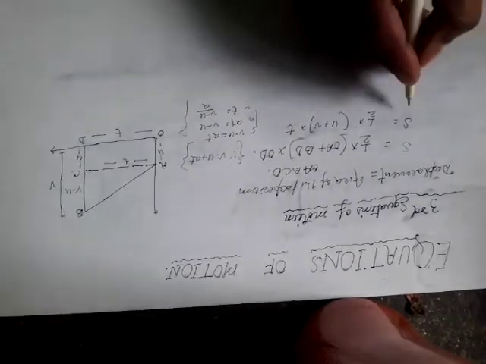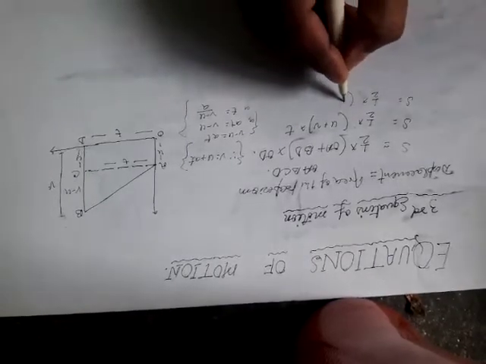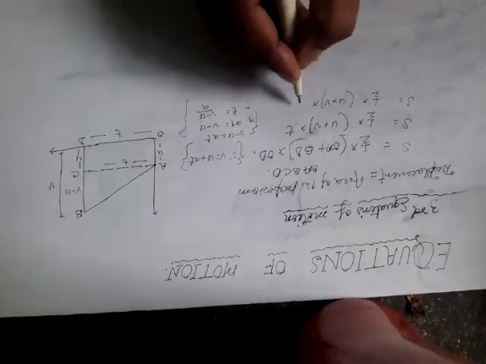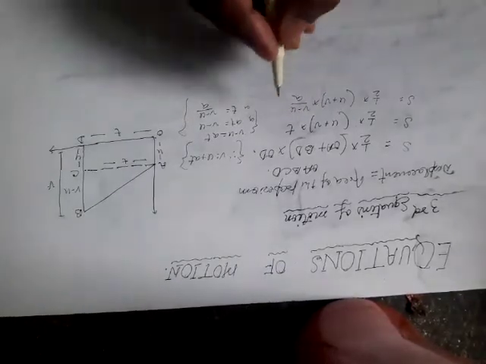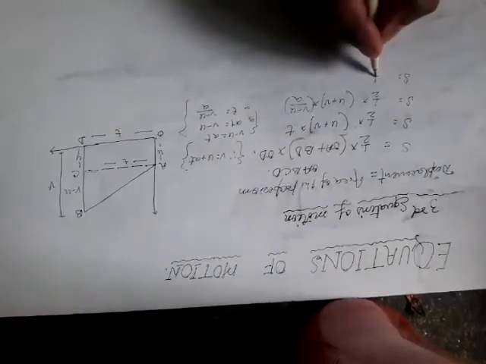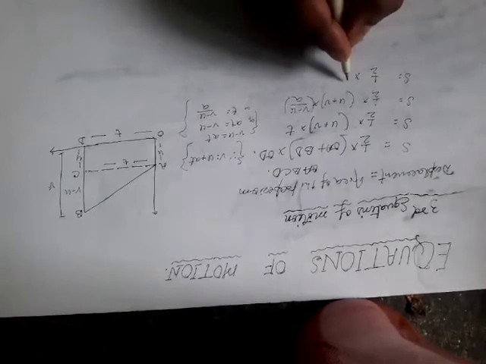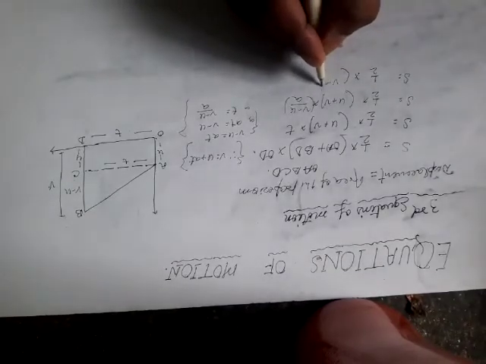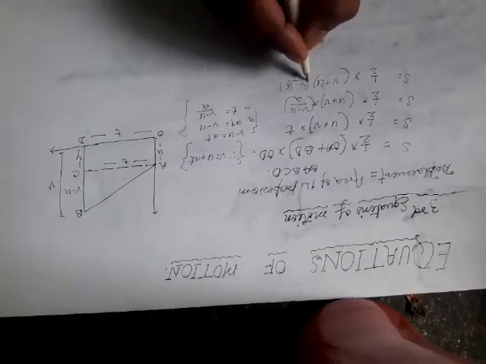What we get by substituting is s equals 1/2 into u plus v into v minus u upon a. Here we can write s, meaning displacement, equals 1/2 into v plus u into v minus u upon a.